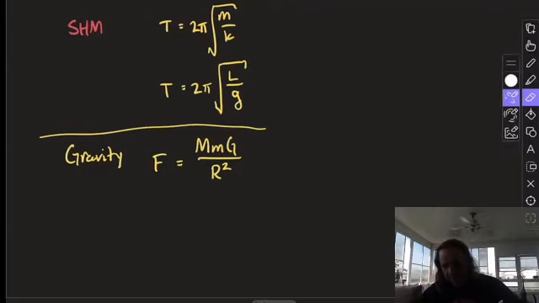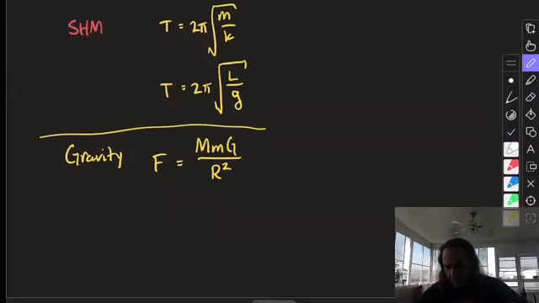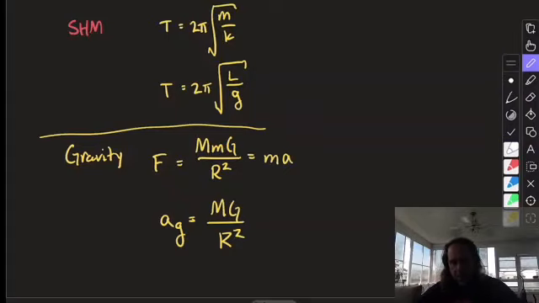And just in case you missed this, to find the acceleration of gravity on another planet, you set this equal to ma. You cancel out the m's, and the acceleration of gravity on a planet would be mg over r squared. So we see this kind of question brought up a lot.